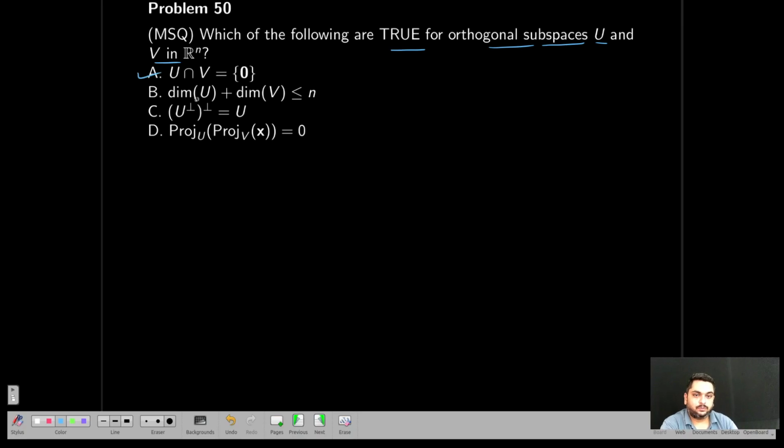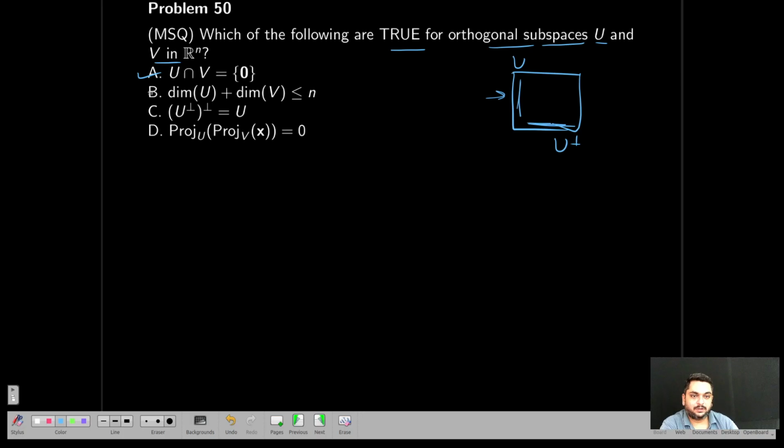So this is true. Dimension of U plus dimension of V is less than or equal to n. That is true. This is my space. So this is U, and here I will get this part and this part. This is the column space of U, and this is orthogonal to the column space of U. That is the orthogonal complement.